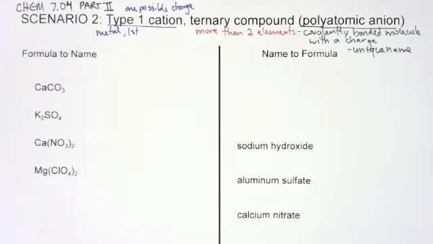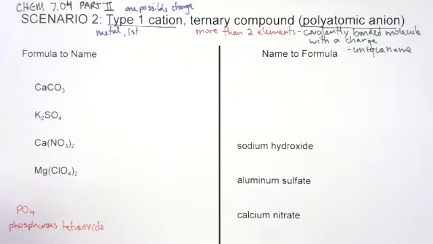So for example, this is just kind of an aside, but if I have PO4 and there's no charge, this is a nonmetal and this is a nonmetal, and this would be phosphorus tetraoxide.